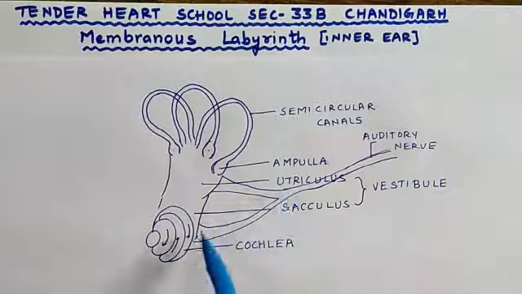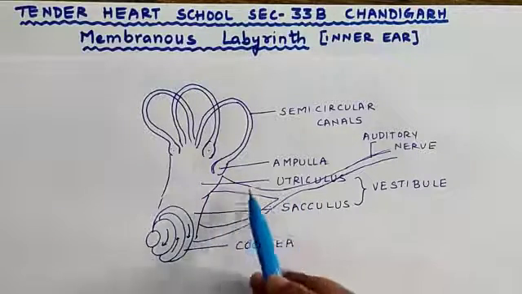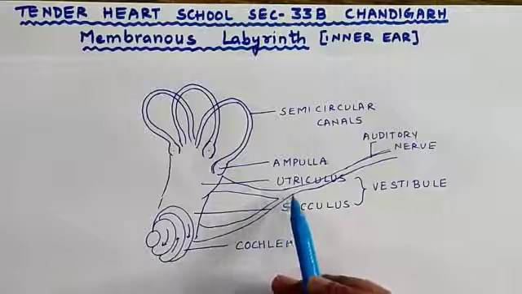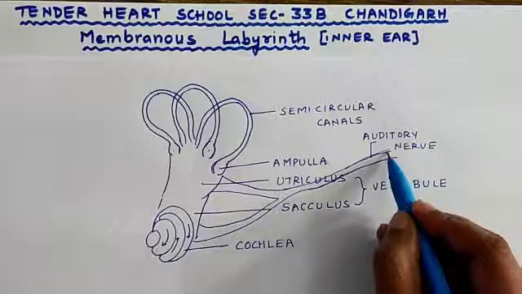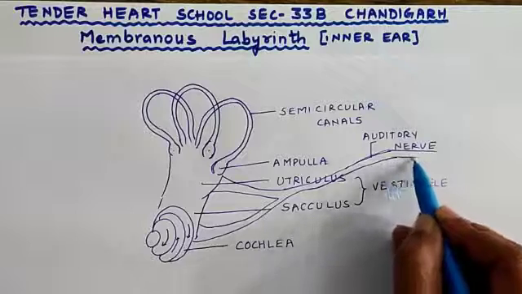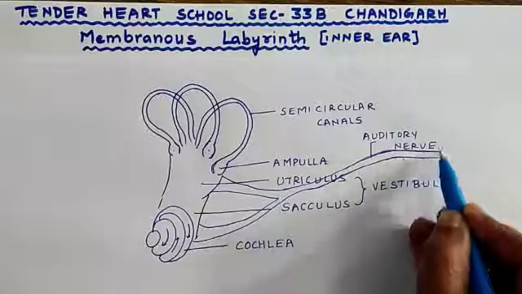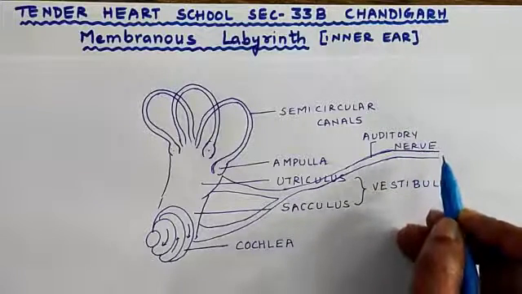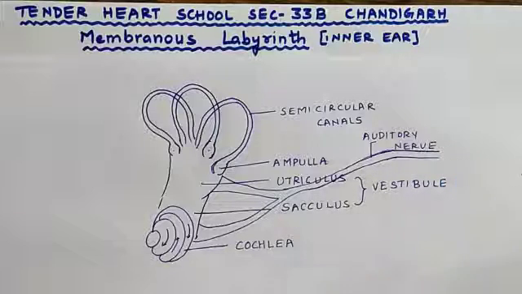And there is an auditory nerve which is coming from this membranous labyrinth, the inner ear, and is going to the brain, taking the nerve signals to the brain, and the brain will interpret the message. That is all about the membranous labyrinth, children. Thank you.